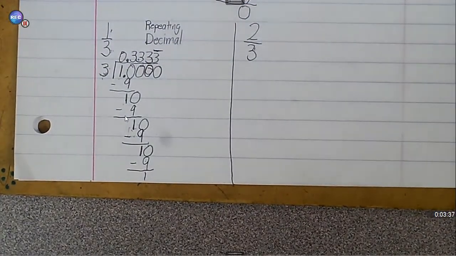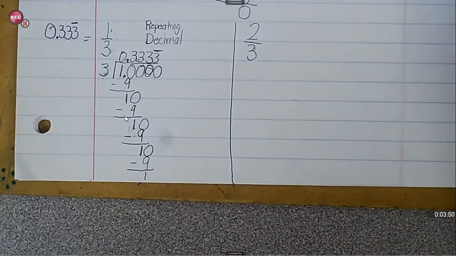Okay? So we know that 1/3 is equivalent to 0.333. I'm going to stop it at the thousandths place. Okay?